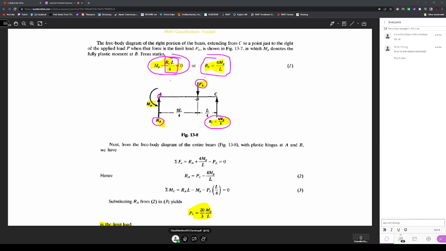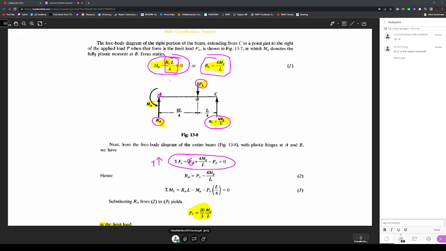To find out the reactionary force acting at A, we can apply the sum of the forces acting on the system is 0, the first equation of equilibrium. So we have the reactionary force RA here plus the upward forces, we take upward forces as positive.